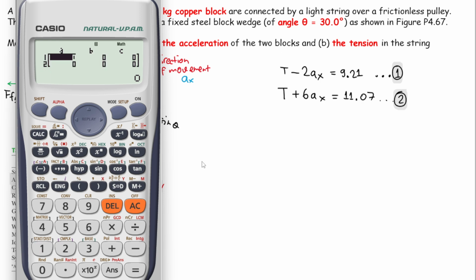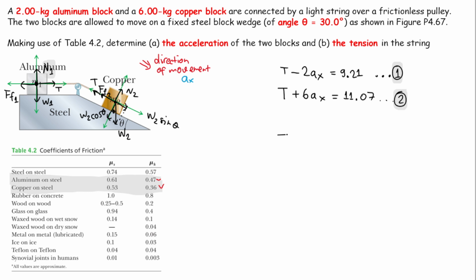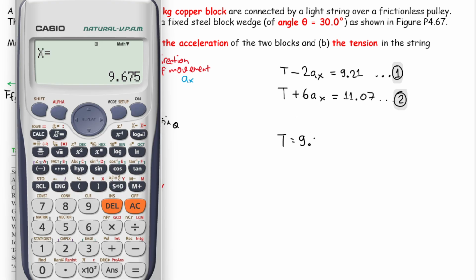And then we will have to plug in the coefficients. So I'll have 1, and then minus 2, and then 9.21. Good. And then I will have 1, and then 6, and then 11.07. Good. And I will have this as our tension here, which is the first variable, T, and that will be 9.68.